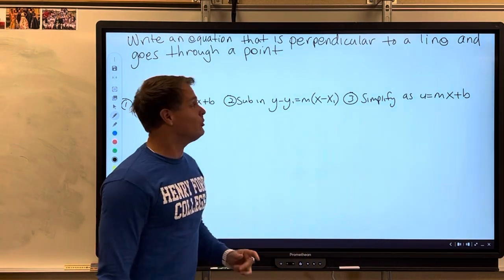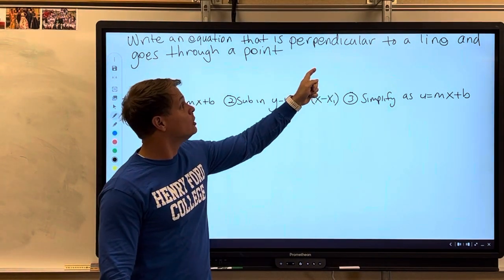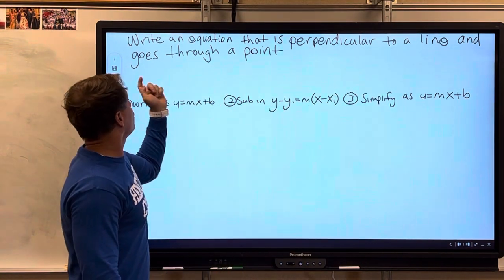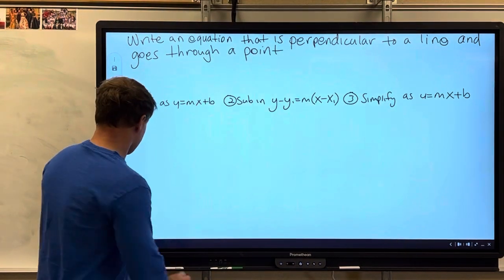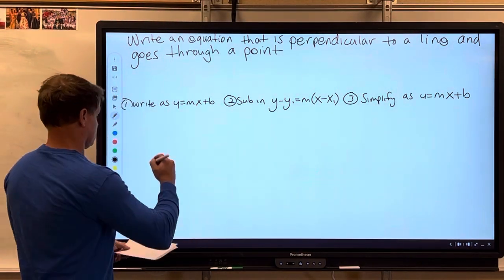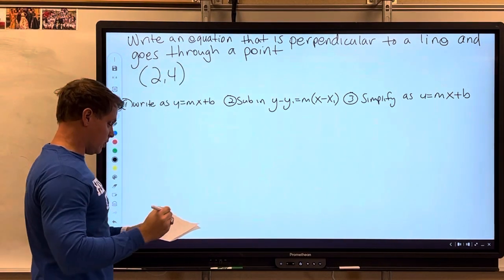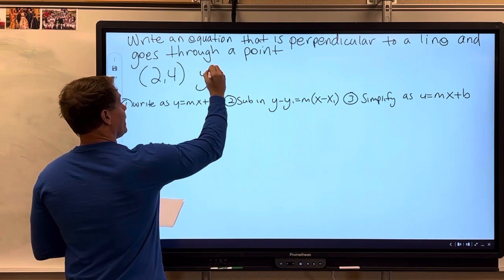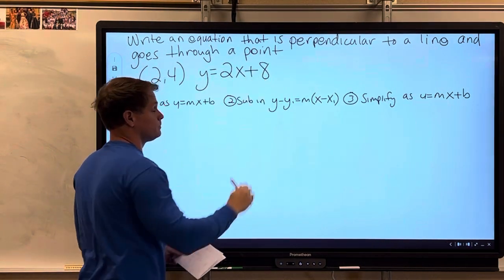Today we're going to learn how to write an equation that is perpendicular to a line and goes through a given point. We're going to start with the point (2, 4) and the equation y = 2x + 8.